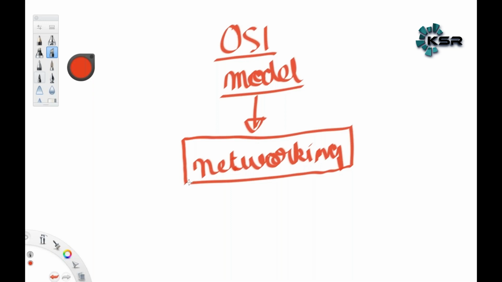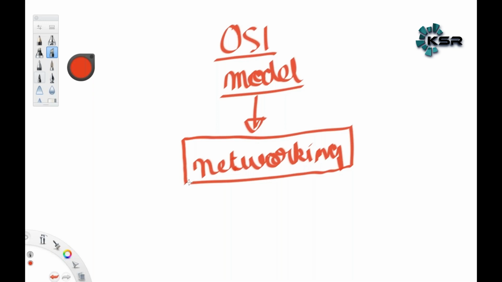People from Japan, when they were trying to communicate with people in India, did not have a uniform standard of communication, and that is why it became very, very hard. That is why this model was introduced, and this model dealt with every aspect of computer networking.